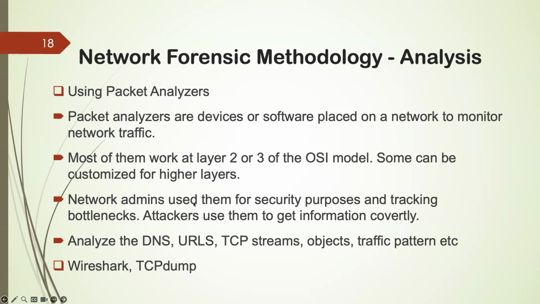Next are TCP streams. All the TCP communication works in the form of a stream. Once you establish the TCP connection after the three-way handshake, all the messages that are sent from client to server and from server to client become part of one TCP stream.